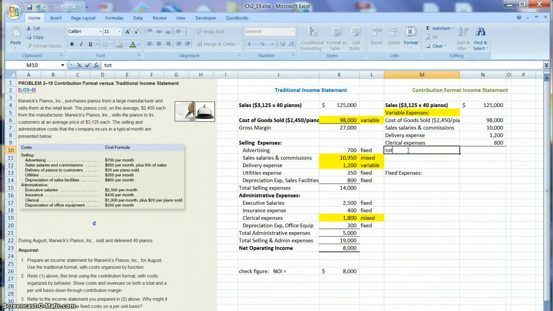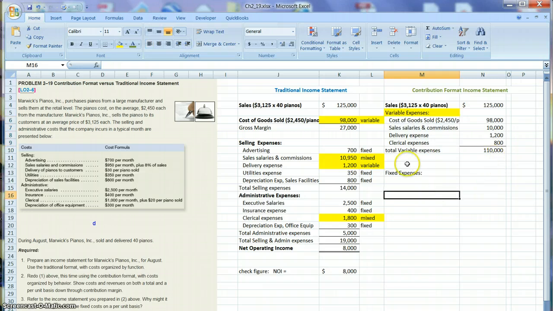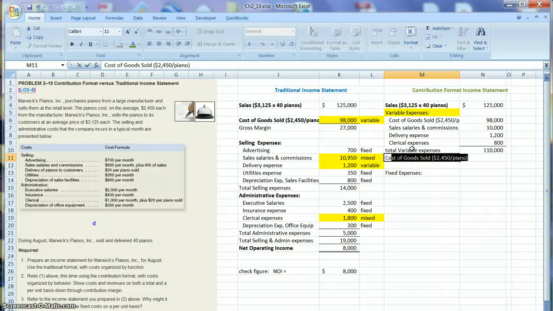So I'm going to put a subtotal, total variable expenses. I want to add those up. So I have 110,000 of variable expenses. Now, if you recall, in the textbook we learned that you can calculate contribution margin based on variable expenses.